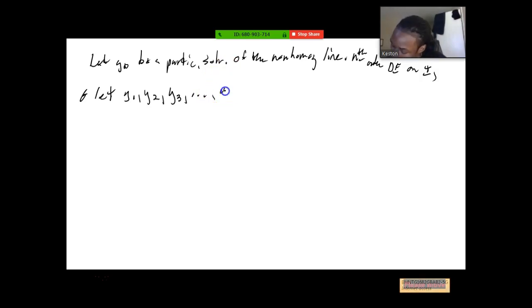I don't know why they randomly changed, well, they did this because they called it an nth order differential equation. Okay, that's why. And this, they say, is not just a set of solutions, but a fundamental set of solutions.